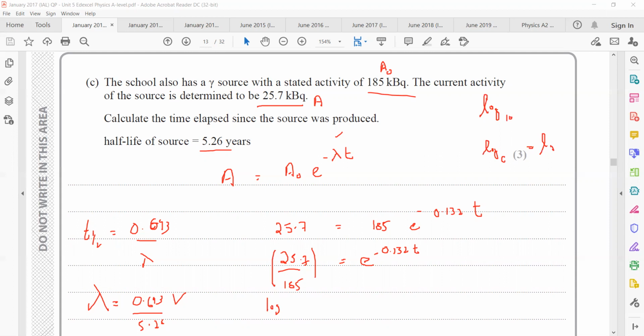When I take the log with base e of 25.7 divided by 185, ln will cancel with e, so this will be equal to 0.132 times t. First take the ratio 25.7 divided by 185, and then take ln.